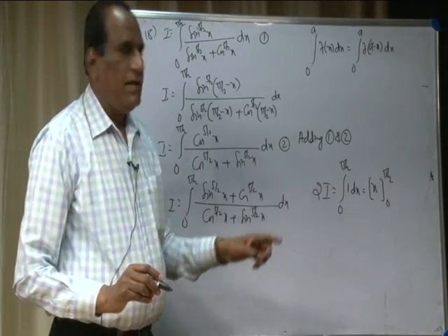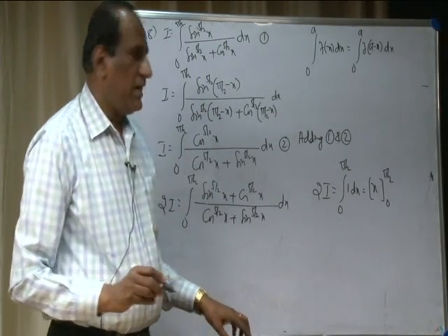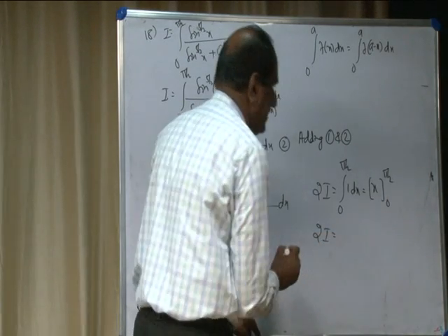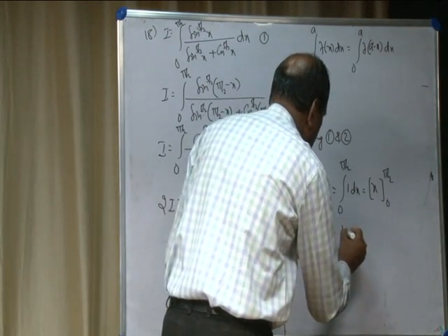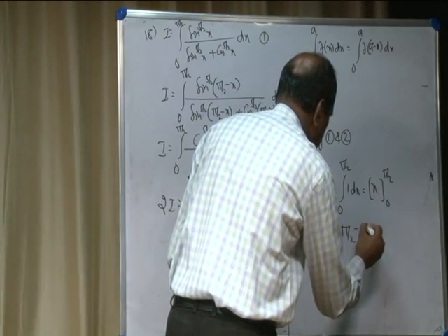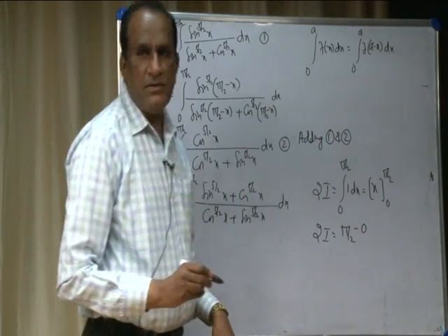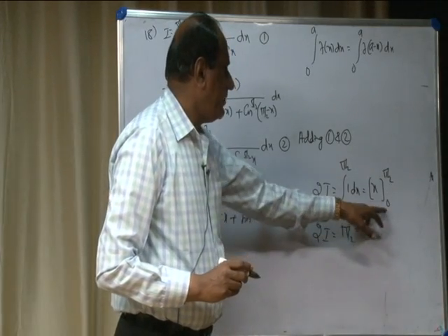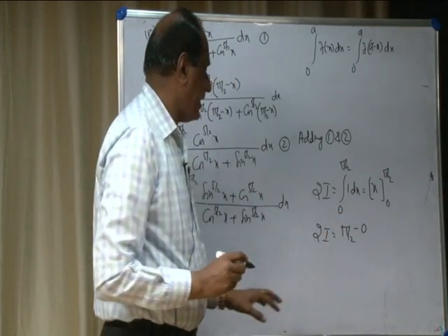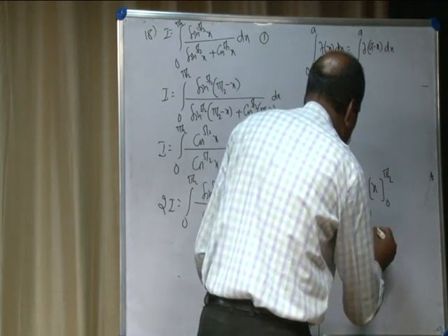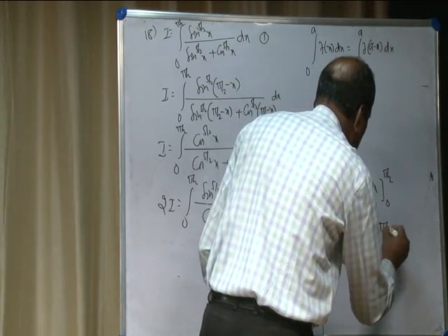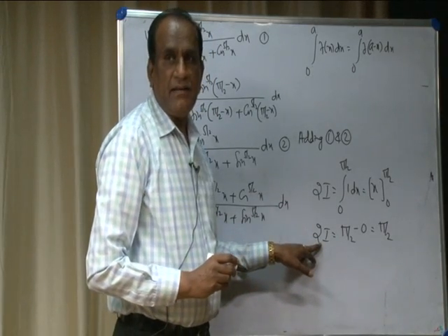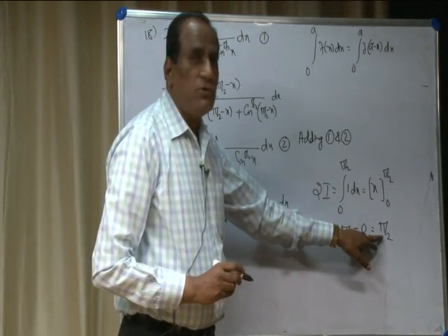Now, apply upper limit minus lower limit: put x is equal to pi by 2 for the upper limit, put x is equal to 0 for the lower limit. So, 2I is equal to pi by 2 minus 0, which is pi by 2.